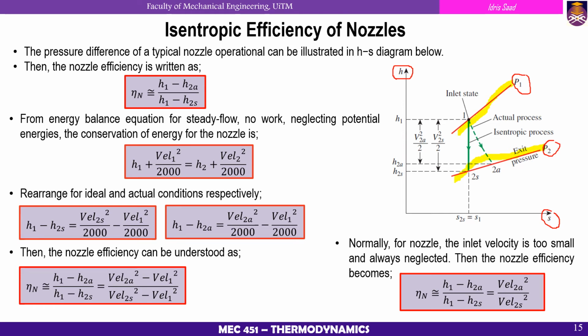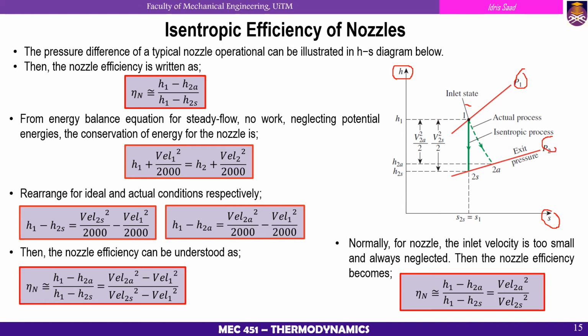By definition, the nozzle is a device used to increase the velocity of the substance by reducing its pressure. Therefore, the inlet pressure of any nozzle must always be higher than the exit pressure.